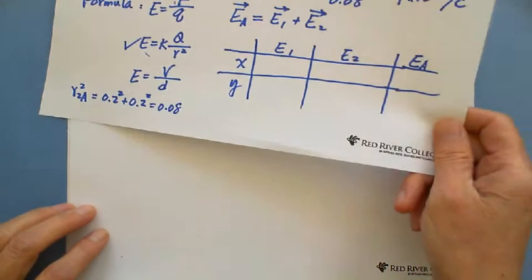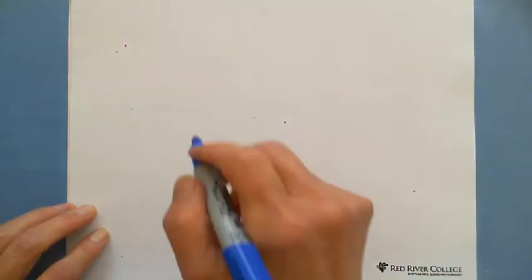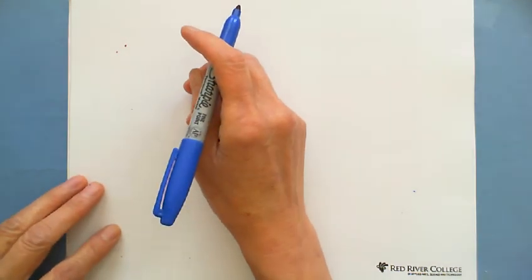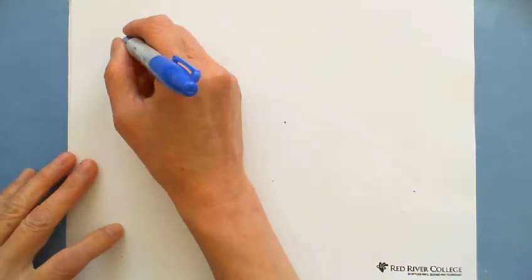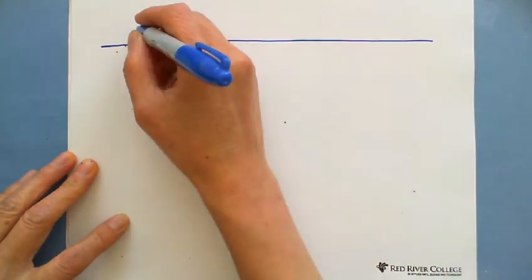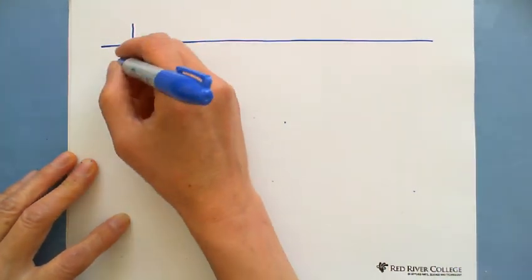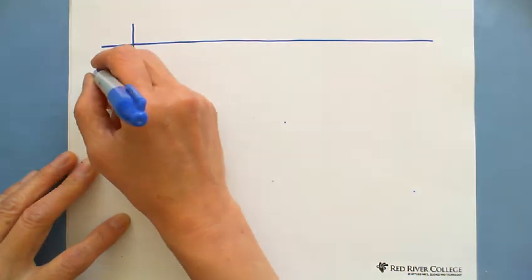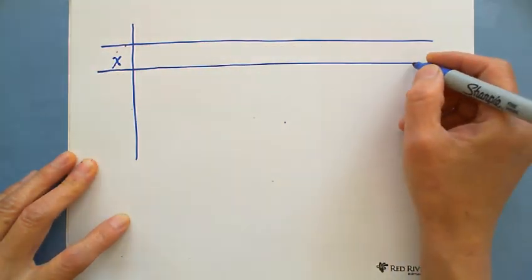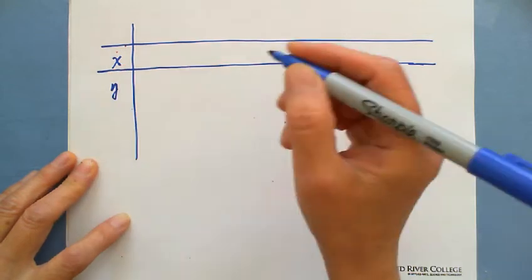So we have the same setup, but the table is more organized. The table we set in this one, so this is the x direction, then we set the y direction.